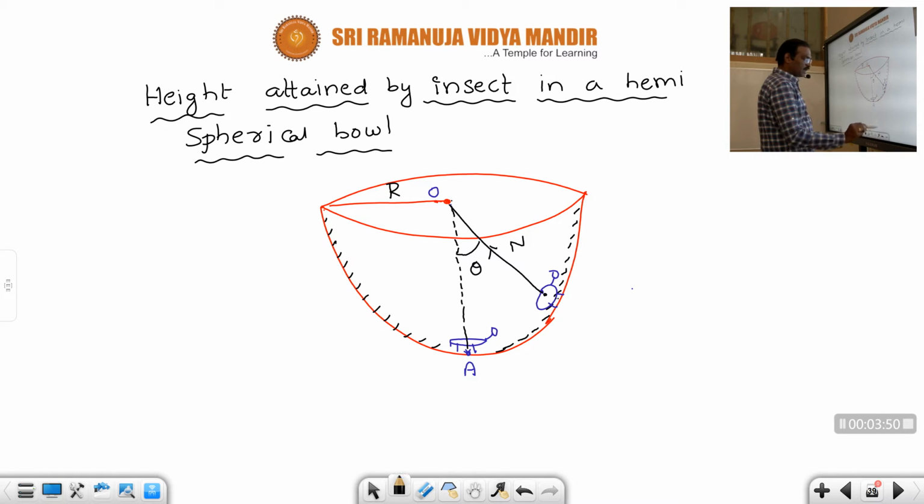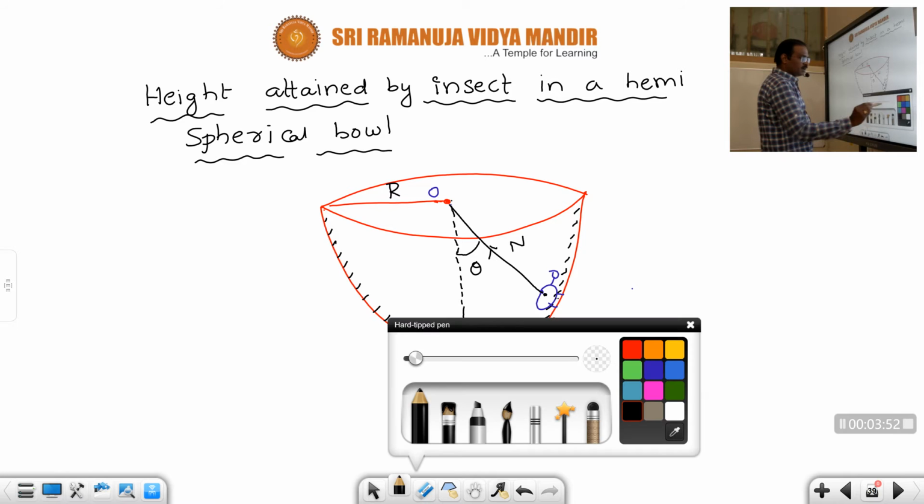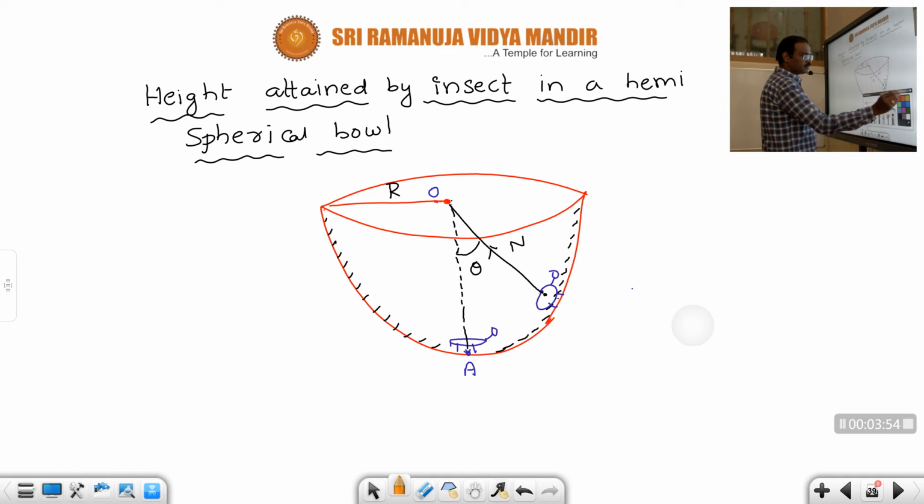Now what forces are acting here? The weight of the insect, mg, acting in the downward direction.